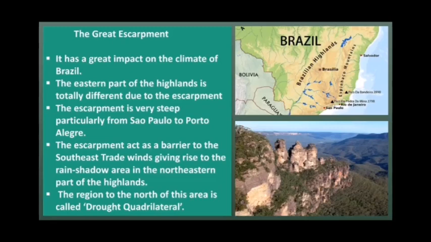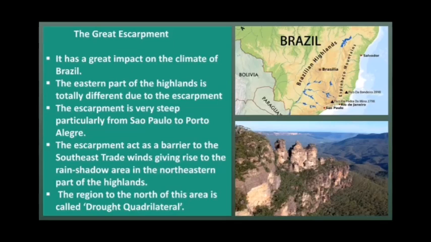The escarpment acts as a barrier to the southeast trade winds, giving rise to a rain shadow area in the northern part of the highlands. So children, we have learnt about orographic rainfall in 9th standard, right? This same thing, the mountain or the escarpment, the highland that is there, acts as a barrier, and the southeast trade winds cannot go towards there.